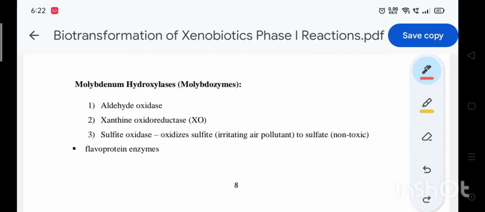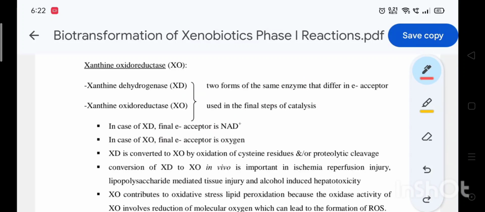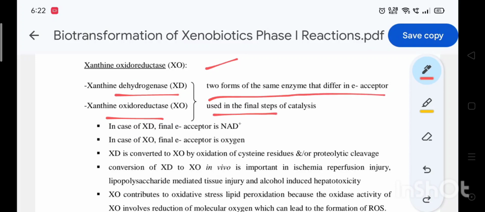Now there are molybdoenzymes, which consist of aldehyde oxidase, xanthine oxidoreductase and sulfite oxidase. Xanthine oxidoreductase contains xanthine dehydrogenase and xanthine oxidase. They are two forms of the same enzyme that differ in the electron acceptor used in the final steps of catalysis. In xanthine dehydrogenase, the final electron acceptor is NAD plus, and in xanthine oxidase, the final electron acceptor is oxygen.